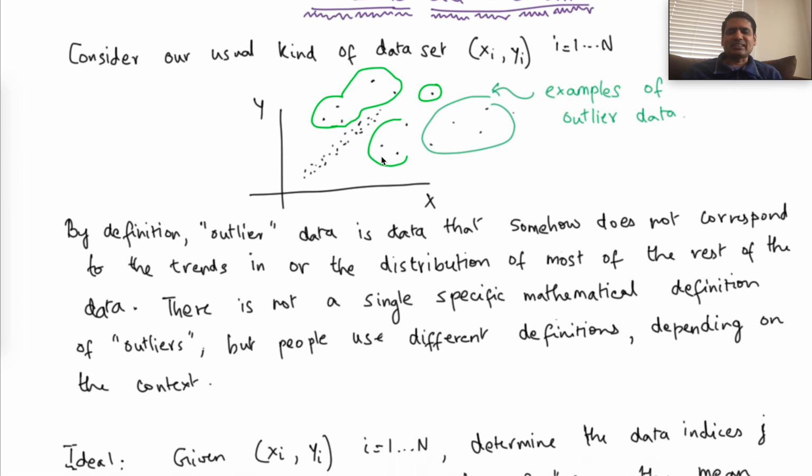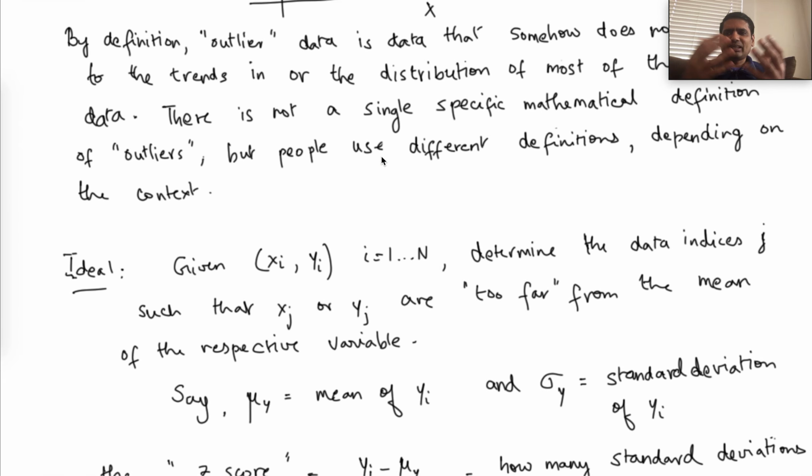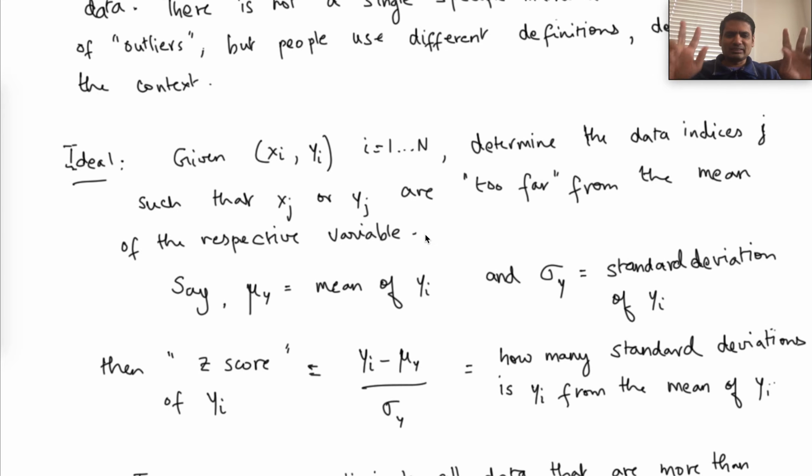So you have a list of xi and yi, and then you look at xi and yi, find the mean, and then see are there xi or yi that are too far away from the mean by some definition, right? So how do you define too far? Let's look at y. Let's first find the mean of all the yi's, and let's call that mu y.